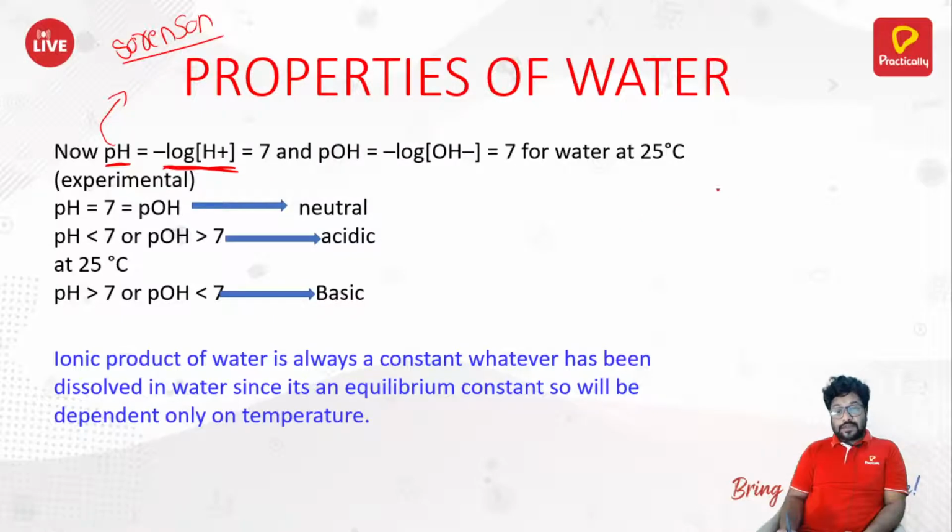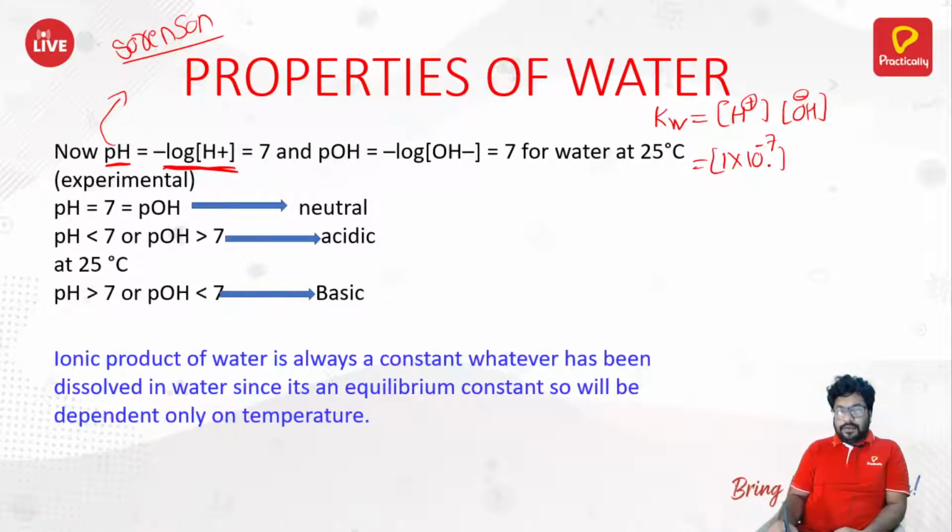As far as water is concerned, Kw is equal to concentration of H plus ion and concentration of OH minus. The concentration of H plus ion is 1 into 10 raised to minus 7. Similarly, whenever water dissociates, you get an equal number of H plus ions and OH minus ions. So if the H plus concentration is 10 raised to minus 7, the OH minus ion concentration will also be 10 raised to minus 7, isn't it?